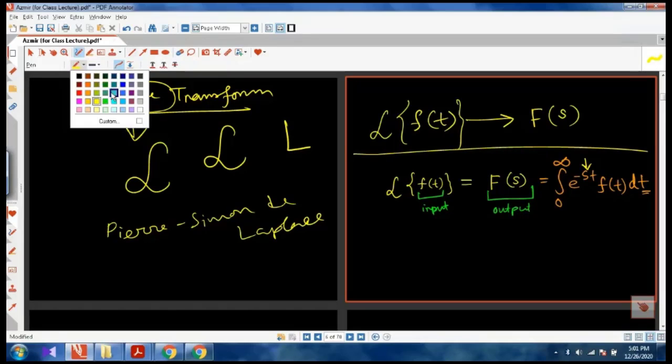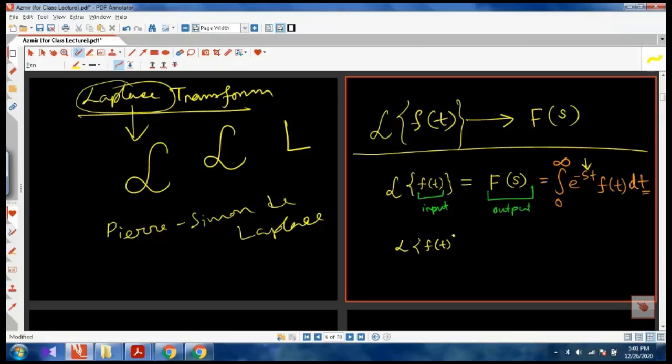Similarly, what is the inverse Laplace transformation? Let's say Laplace transform of f of t is equal to f of s. We don't need to write this integral again.